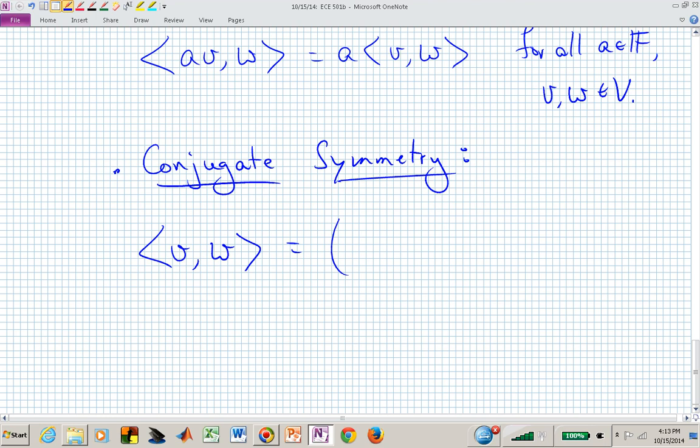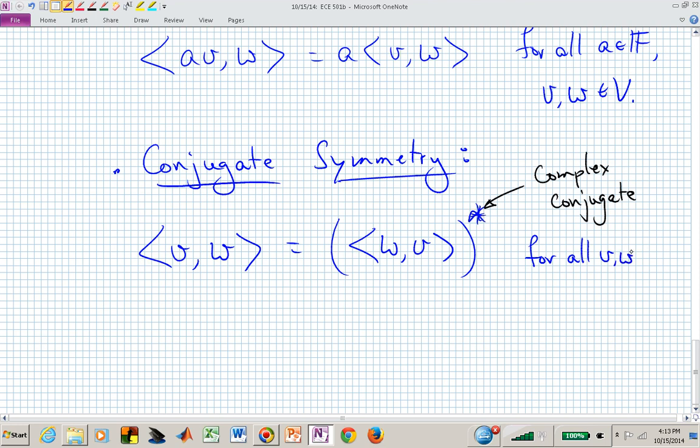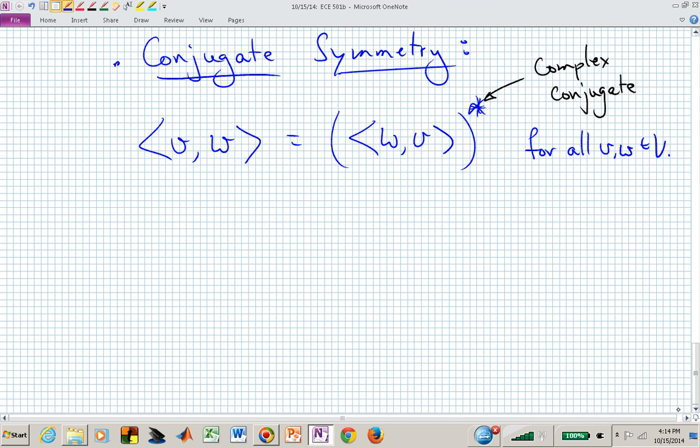So the inner product of v with w is equal to the complex conjugate of the inner product of w with v, the complex conjugate of that scalar. So if you change the order, now they're related by a complex conjugate. Question?